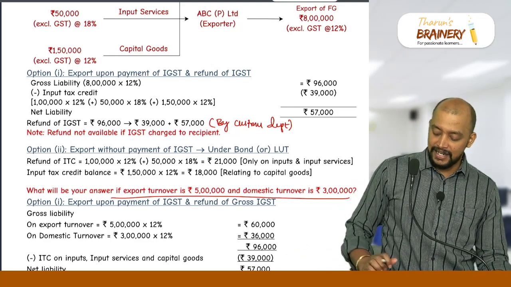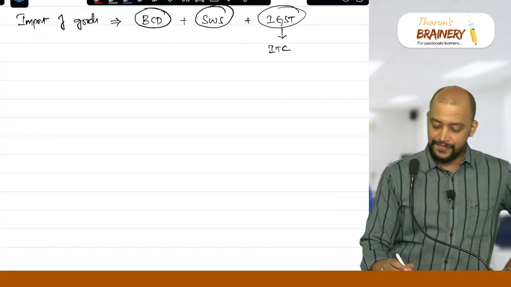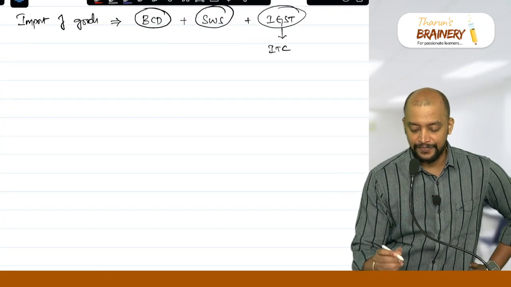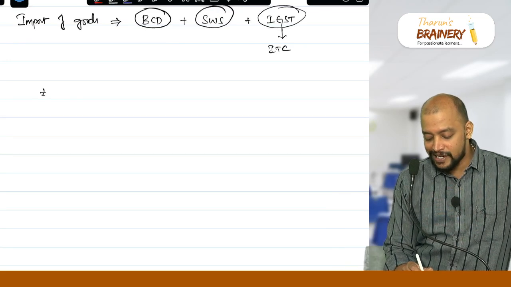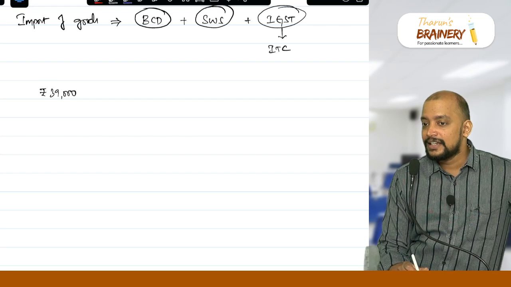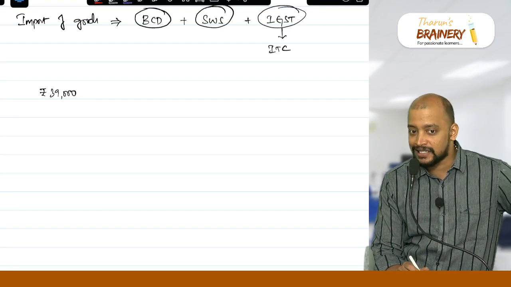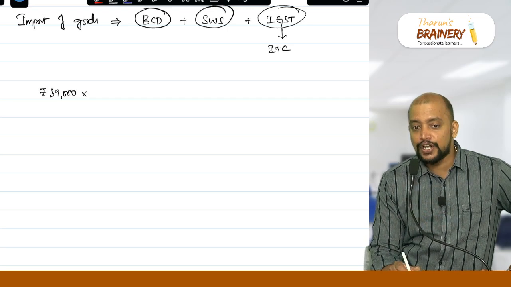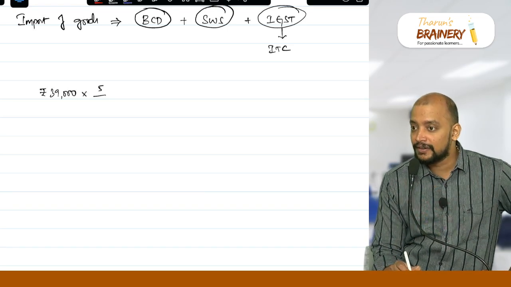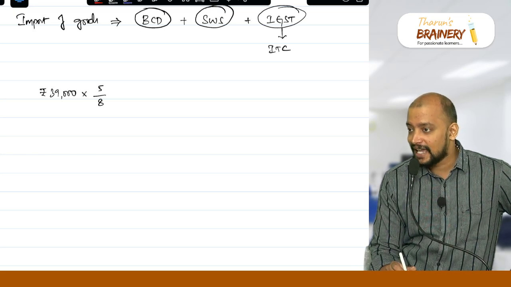And see this interesting logic. You know how that 60,000 is arrived? Concentrate. How much you paid on purchases? 39,000. And this 39,000 is used for both domestic turnover and export turnover, correct? What is the ratio of export turnover to total turnover? 5 by 8. 5 is export, total is 8.